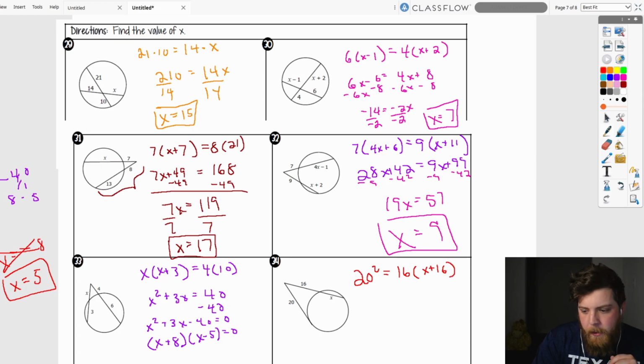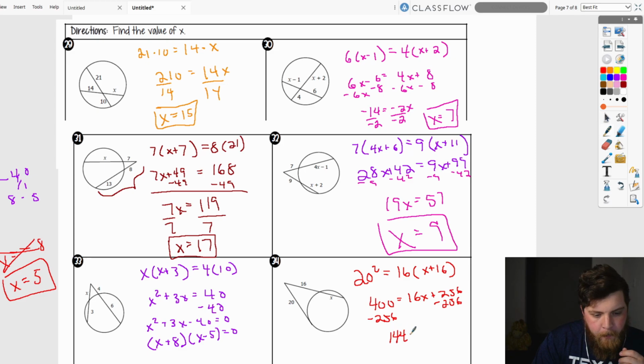Okay. So then there, where were we? 20 squared is 400. Okay, and this ends up being 16x plus 256. We can minus 256 over. We get 144 is equal to 16x.